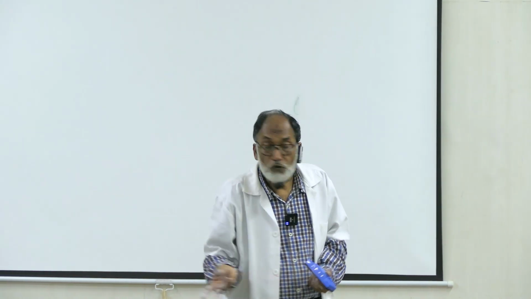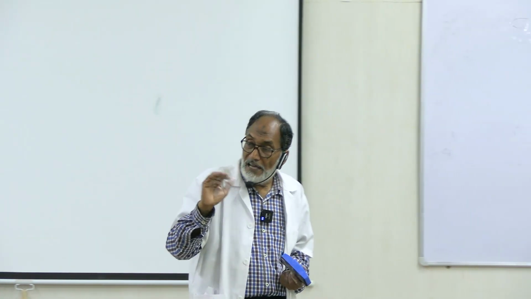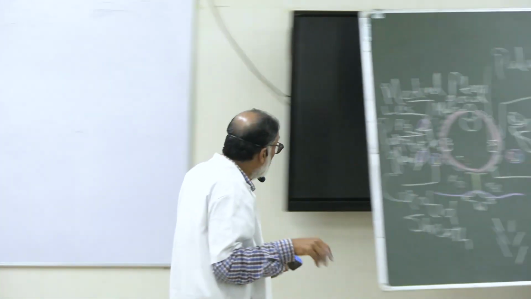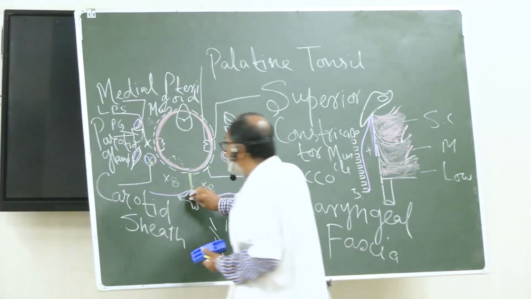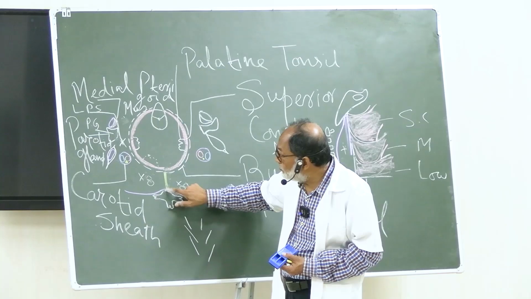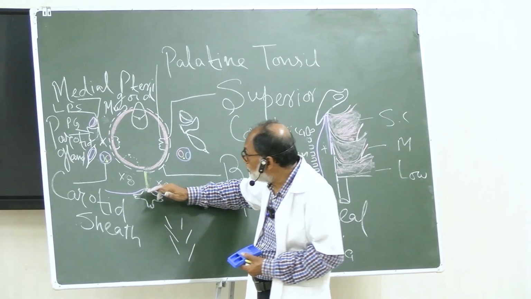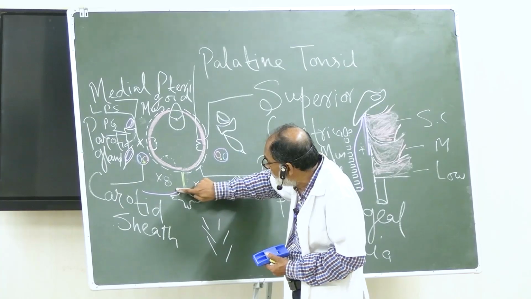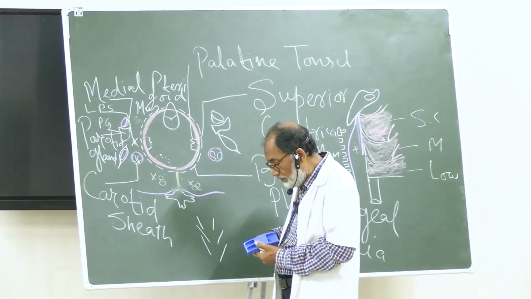Cold abscess means it is due to tuberculosis, and it involves the vertebra here. So here it will produce pus, a cold abscess. So it will push this prevertebral fascia.